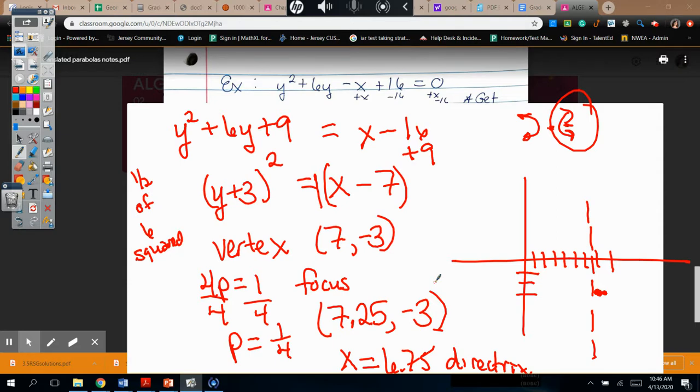And now for the x, y, t table part, this would be kind of tricky. I'm going to plug in 0 for y. If I plug in 0 for y, I'll get 3 squared, which is 9, is x minus 7, and I add 7, and I get 16.